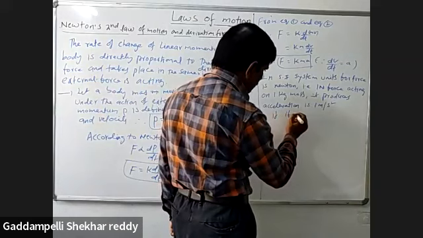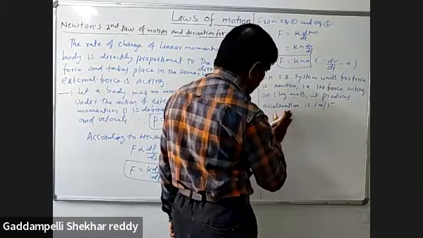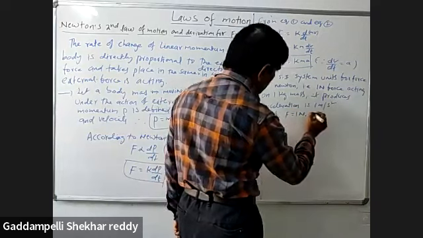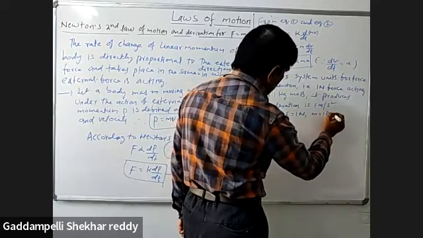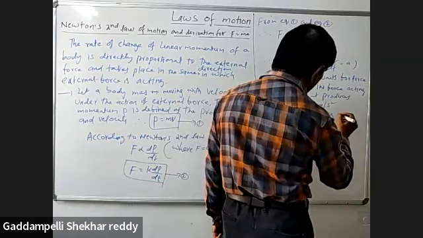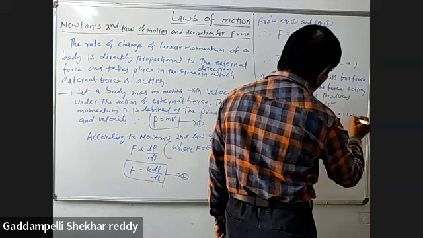If F is equal to 1 Newton, m is equal to 1 kg, a is equal to 1 meter per second square.